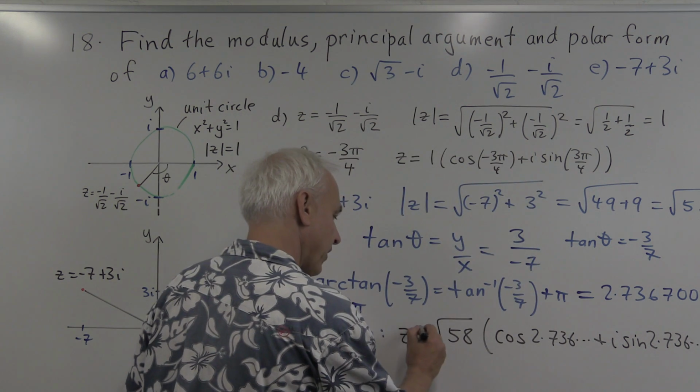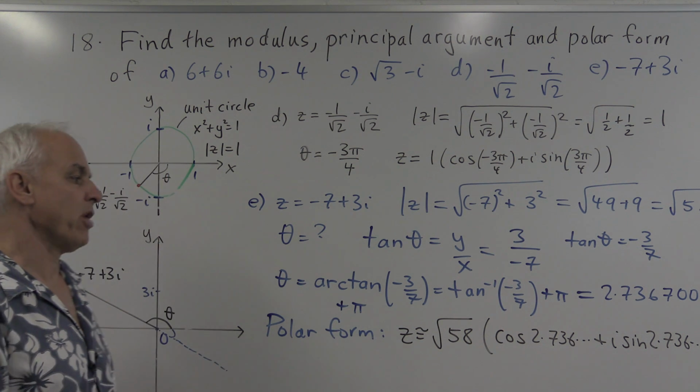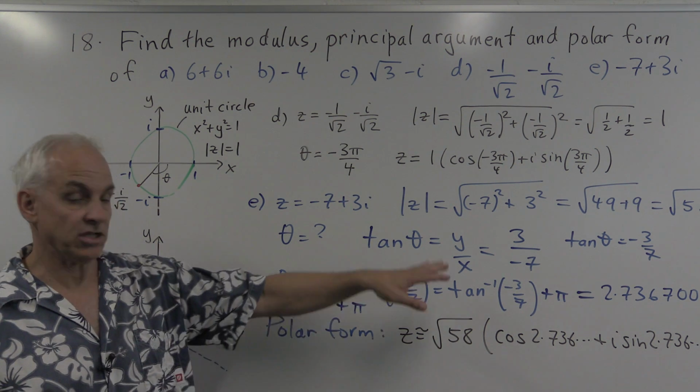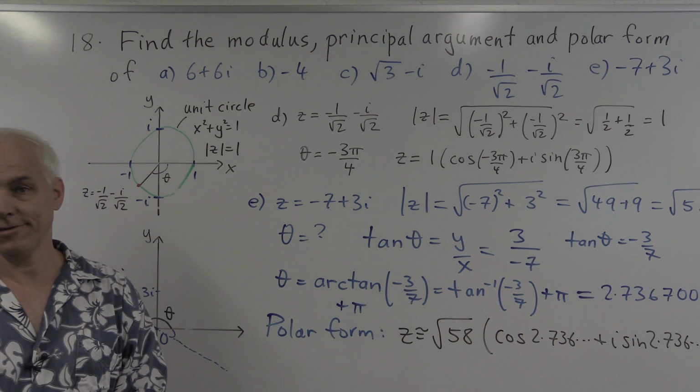And really, we're just getting an approximate expression for the complex number this way because of the inevitable approximations involved in these inverse trig functions.